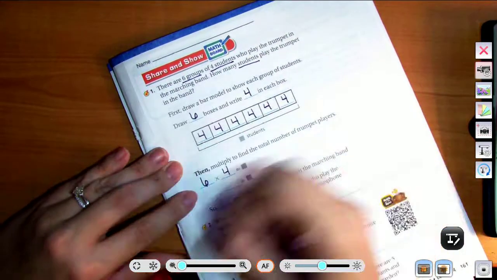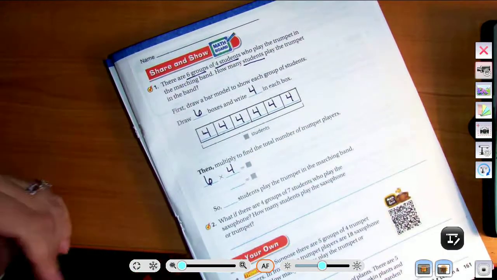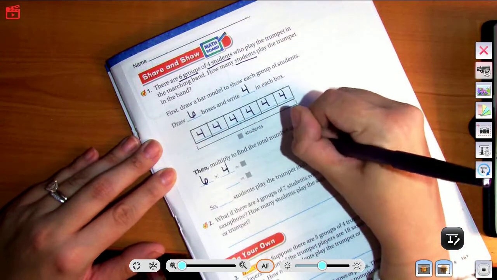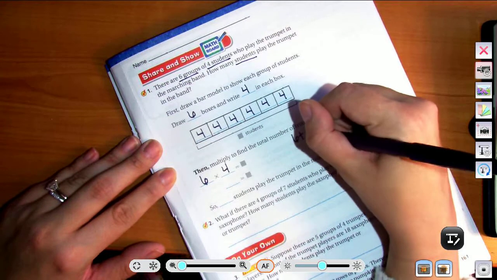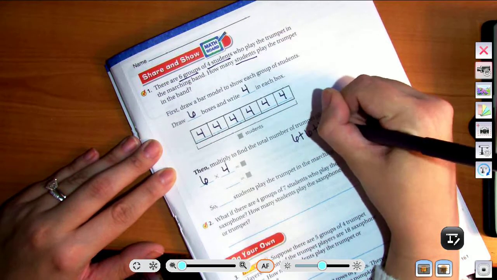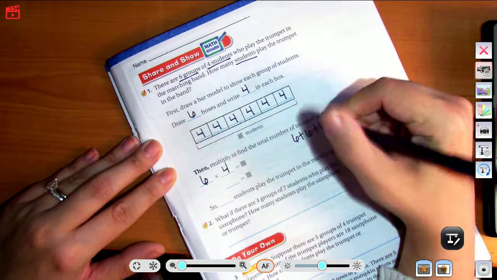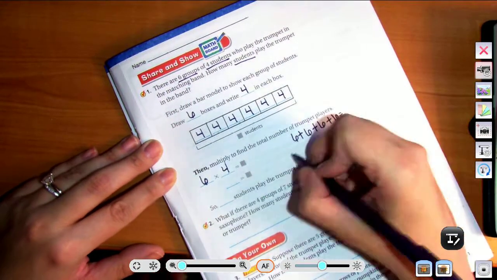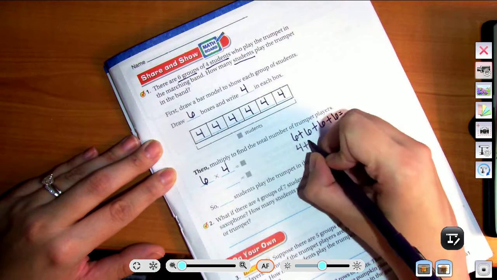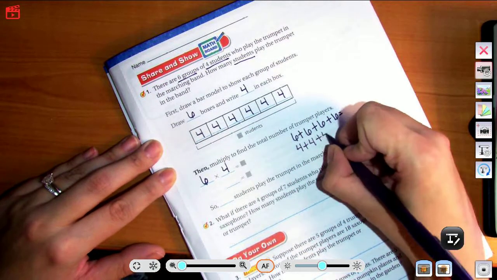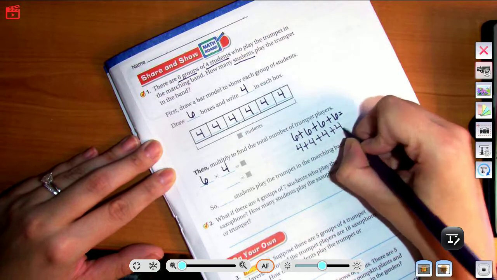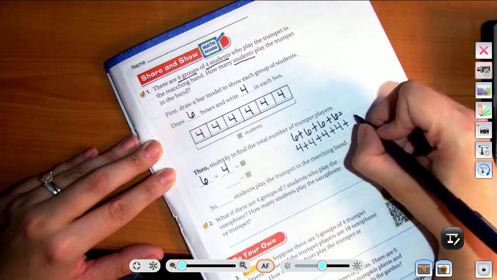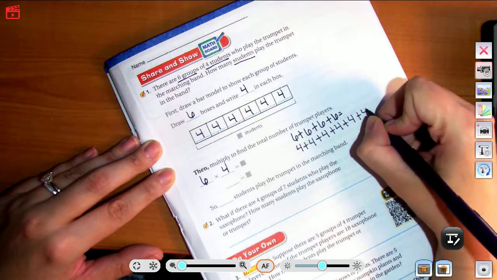So this would be 6 times 4. We have a couple of options. We could do repeated addition. Okay, when I'm saying repeated addition, this is what I mean. 6 plus 6 plus 6 plus 6. Or you have the option to do 4 plus 4 plus 4 plus 4, 1, 2, 3, 4, 5, 6.